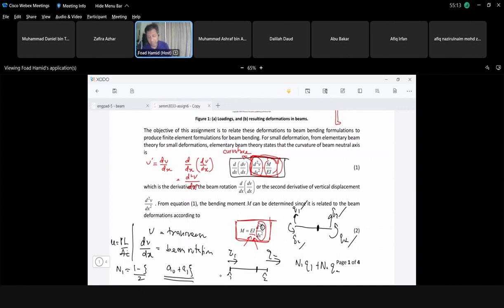But in this case, we have four known values, which means the function should look something like this: A plus B Z plus C Z squared plus D Z cubed.